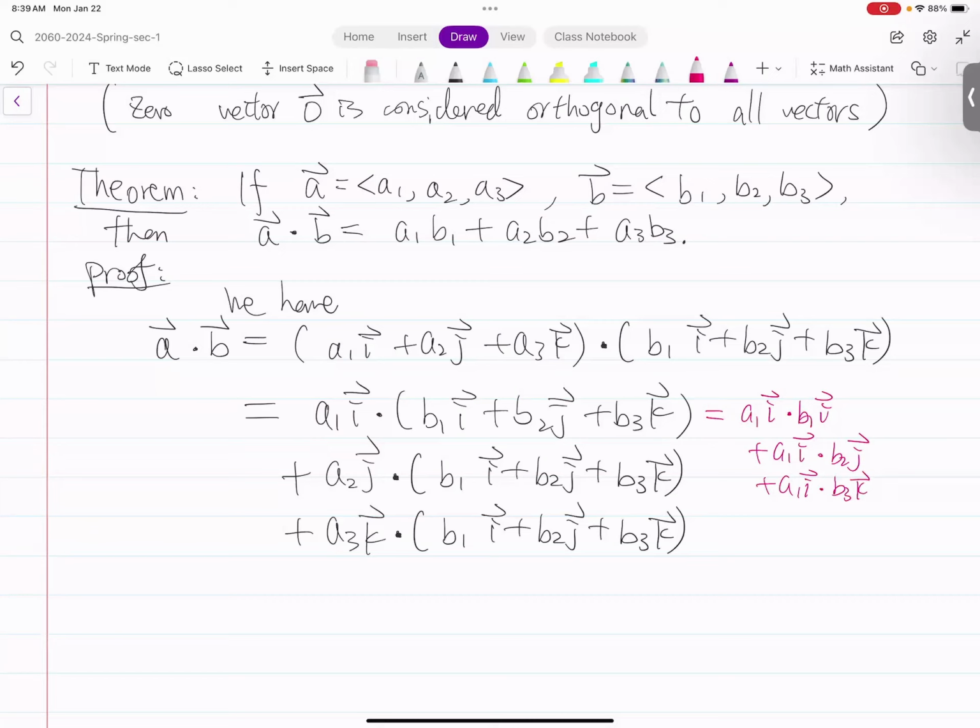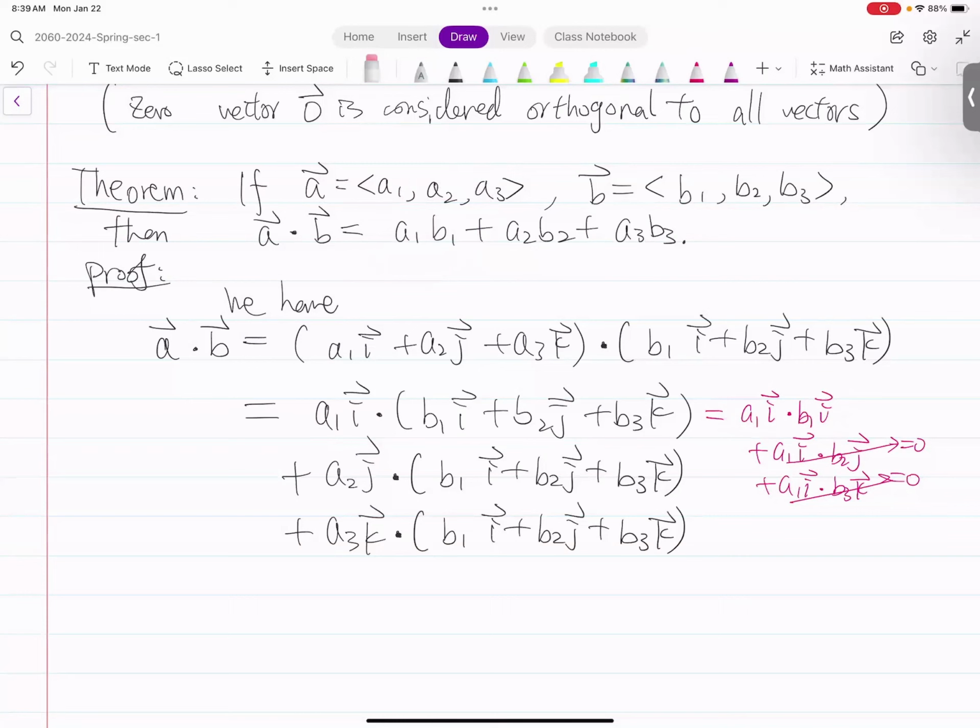And now you see A1 B2 doesn't really matter because i dot j is a 0. i dot k is a 0. And you see i dot i is a 1 for this term. So you end up with A1 B1, right? Which is this term.